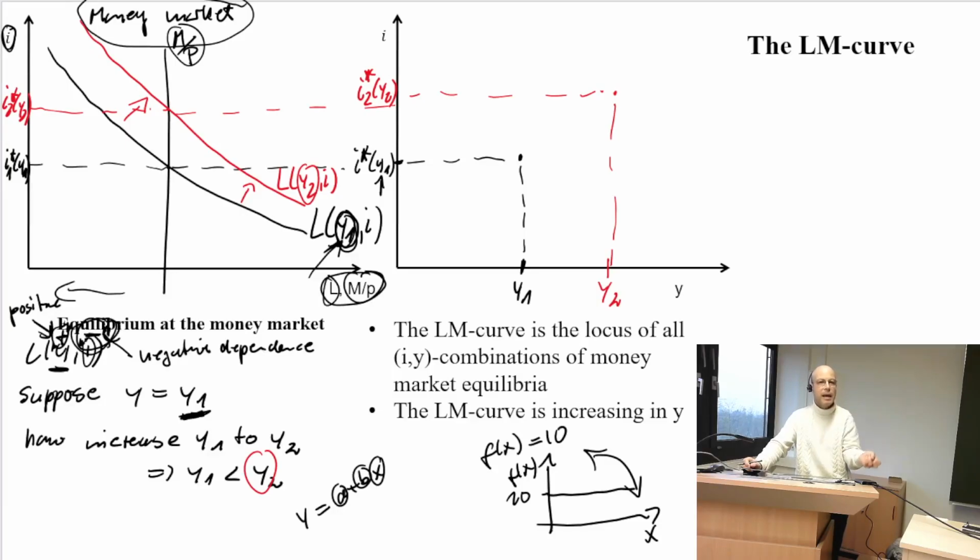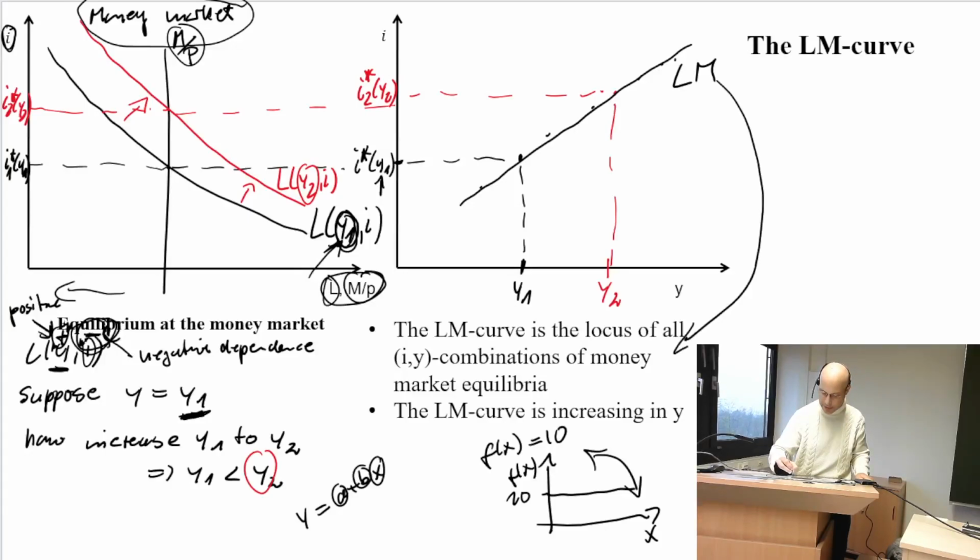And again, we have to do this thought experiment with every possible income y, with lower incomes and with higher incomes, and then of course we obtain all the other possible equilibria at the money market.